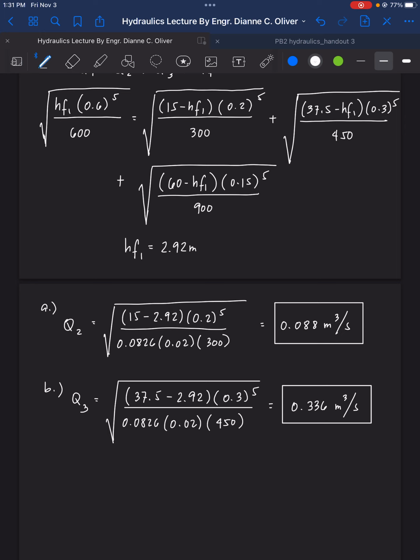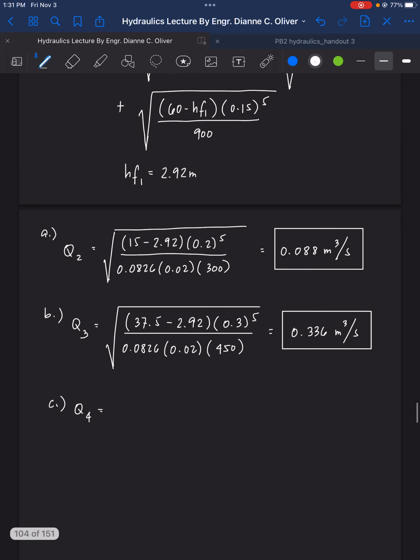Next, for letter C, we need to find Q4. Q4 is this one here. So the square root of (60 minus 2.92 times 0.15 raised to 5) all over (0.0826 times 0.02 times 900).